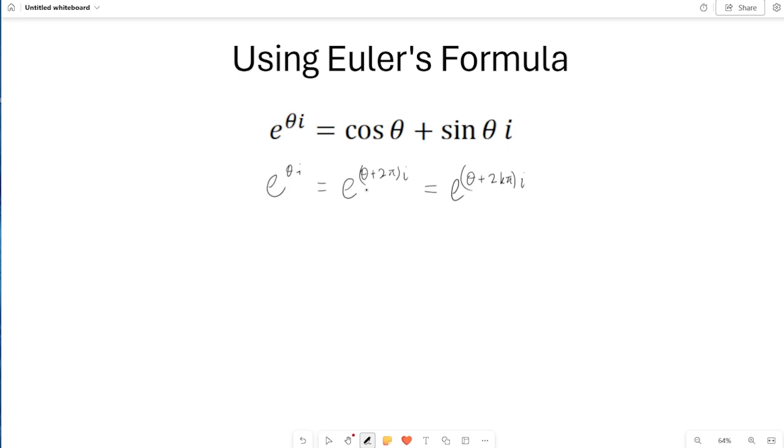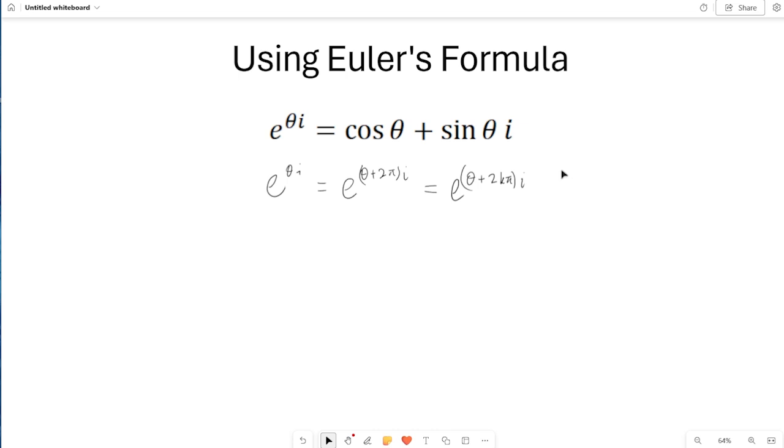The other thing, obviously, is that this particular expression only has a length of 1, because if we check the distance, or the modulus, of this complex number, it's cosine squared plus sine squared, which equals 1. So the length is actually 1.